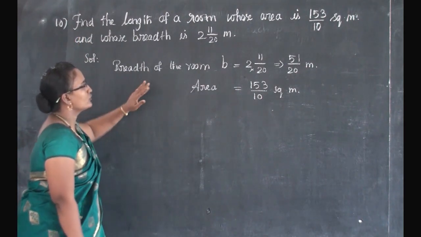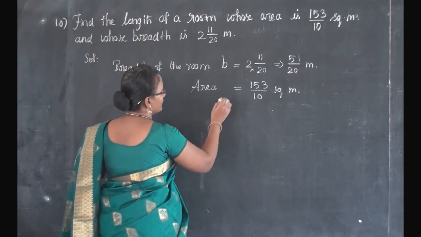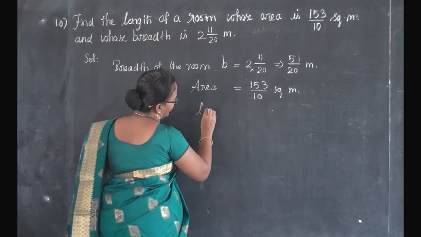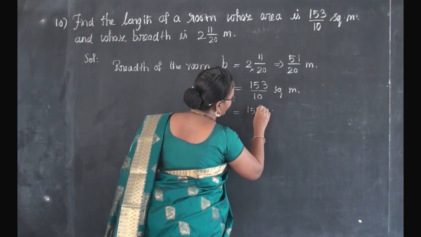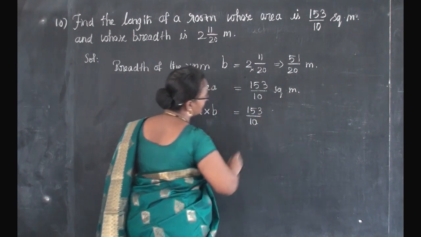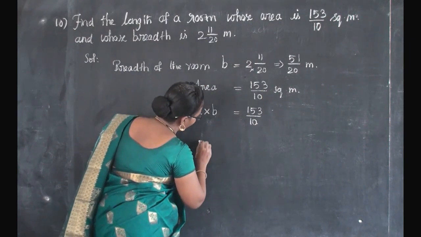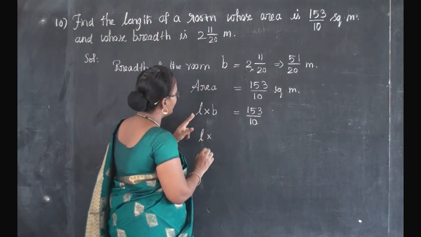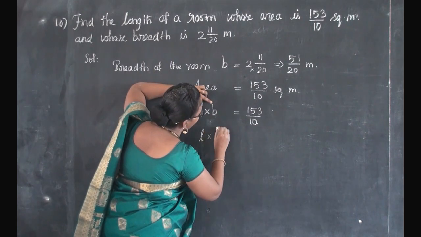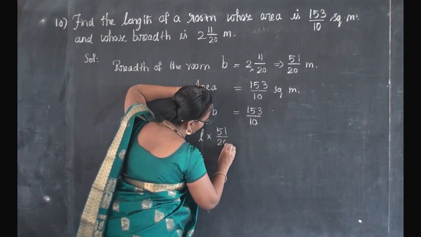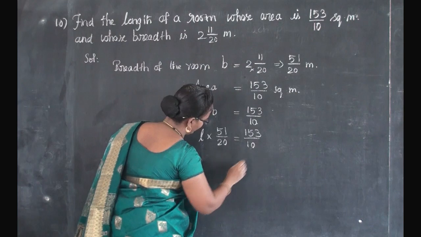So length, breadth. The room is in the rectangular shape. So what is the area of a rectangle? L into B. That is equal to what? 153 by 10. Here we know breadth only. So L is kept as it is. So L into breadth 51 by 20 equal to 153 by 10.